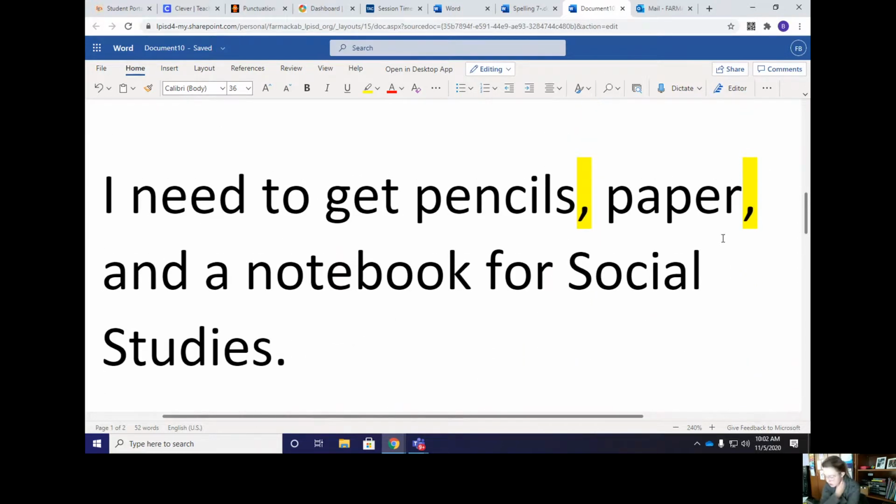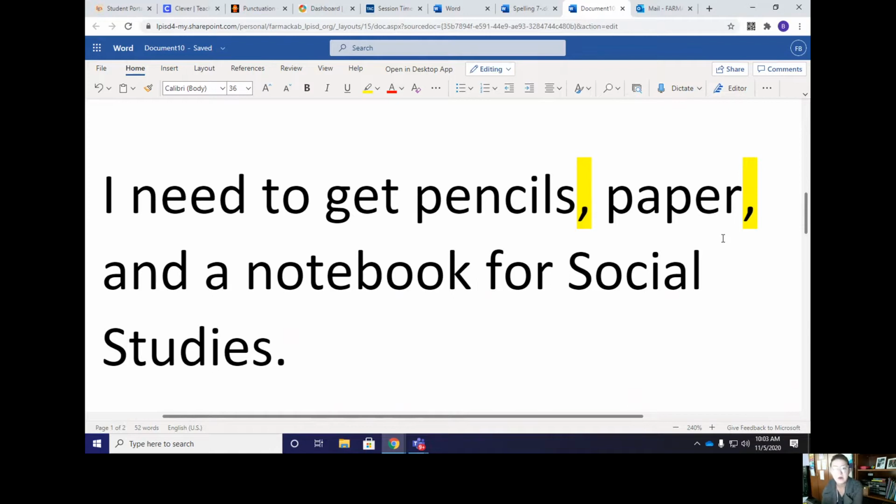Now, I want to make sure that when we are using commas, you are using them when you need a pause between sentences. So, for instance, in this sentence, I need to get pencils, paper, and a notebook for social studies. Now, if you don't have the commas in there, it's going to say, I need to get pencil paper and a notebook for social studies.